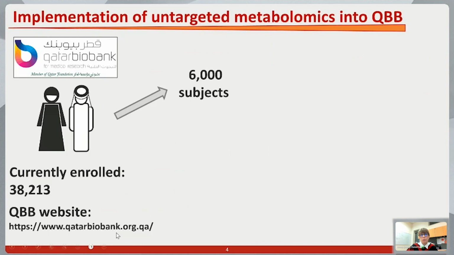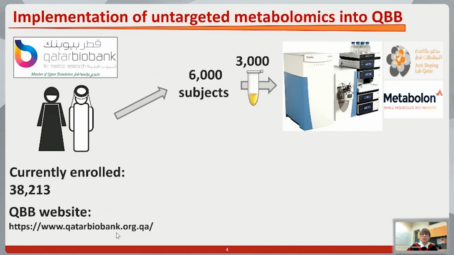From the Qatar Biobank, we obtained a subset of 6,000 subjects, out of which 3,000 we could submit for metabolic profiling. What is important here is that the samples taken from Qatar Biobank and Qatari populations cannot go out of the country for measurements.